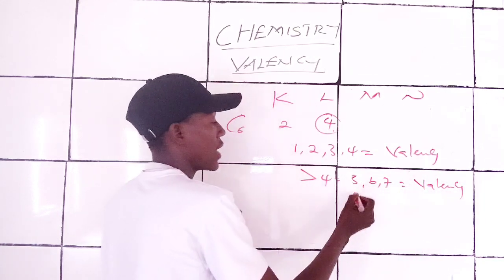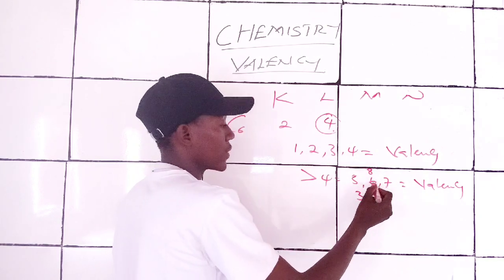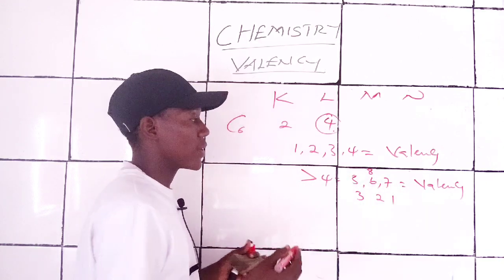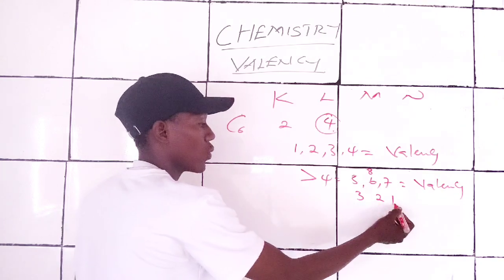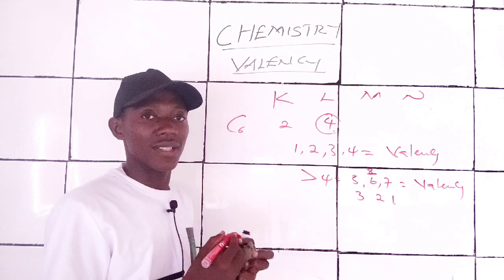Now, for 5, I have 3 is left for it to be 8. Then for 6, I have 2 left, and for 7, I have 1 left. So if I have an element like fluorine, which is number 9, it is 2, 7, and 1 is left. So that 1 that is left to make it 8 is the valency.